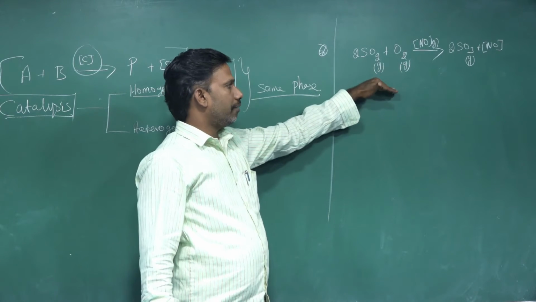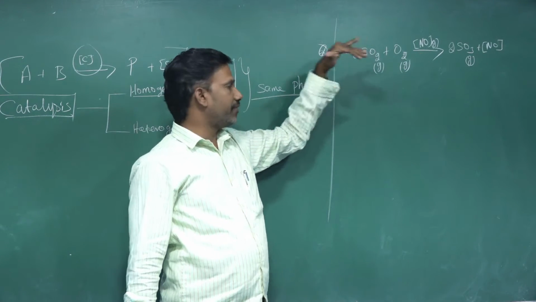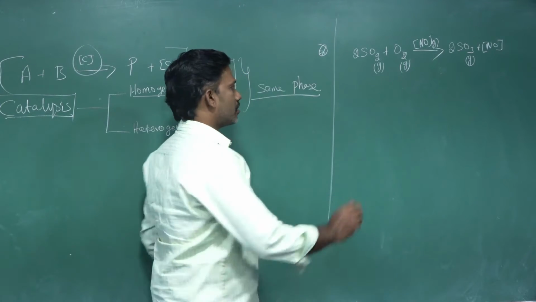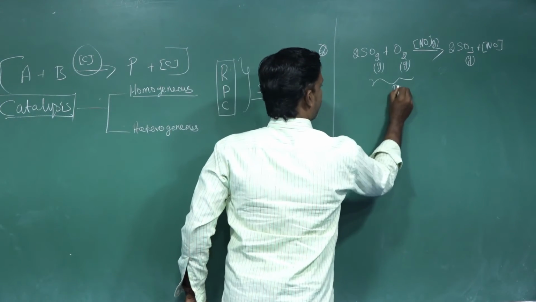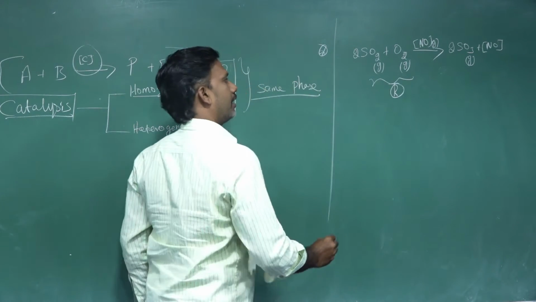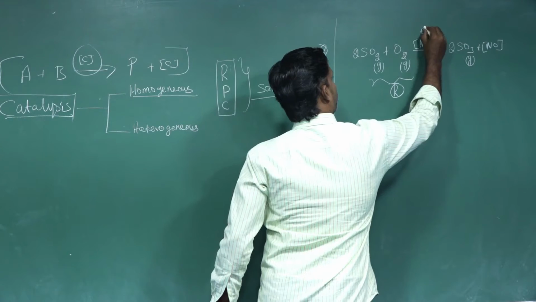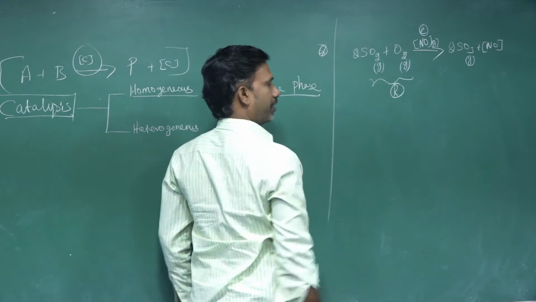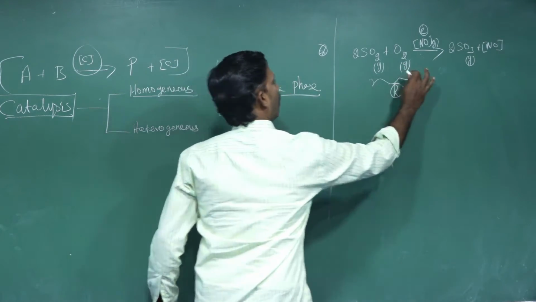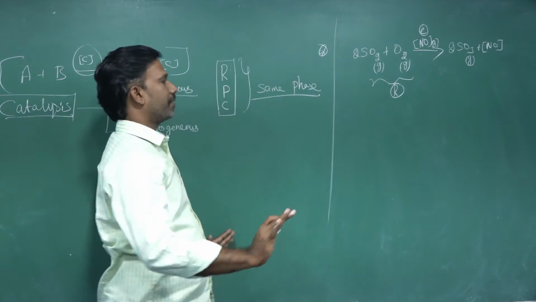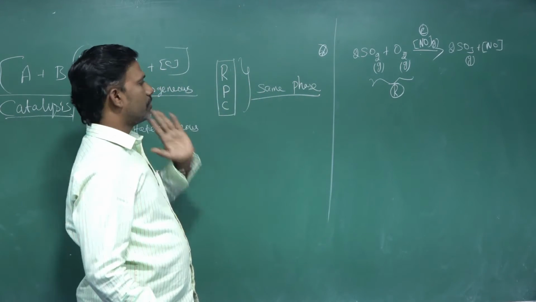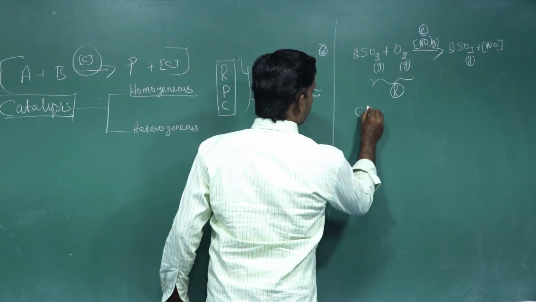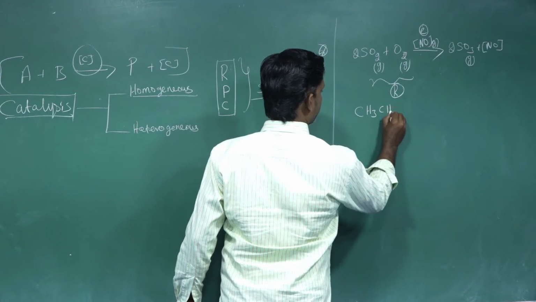Here, in the formation of sulfur trioxide, SO2 gas and O2 are the two reactants, whereas NO is a catalyst. Then you get sulfur trioxide, which is a gas. So all are gases, the same phase. So that is given as homogeneous catalysis. Likewise, you can have the dissociation of acetaldehyde.